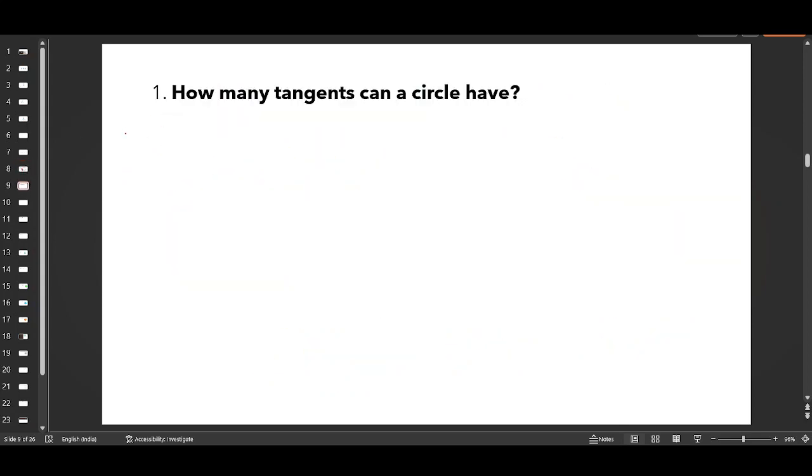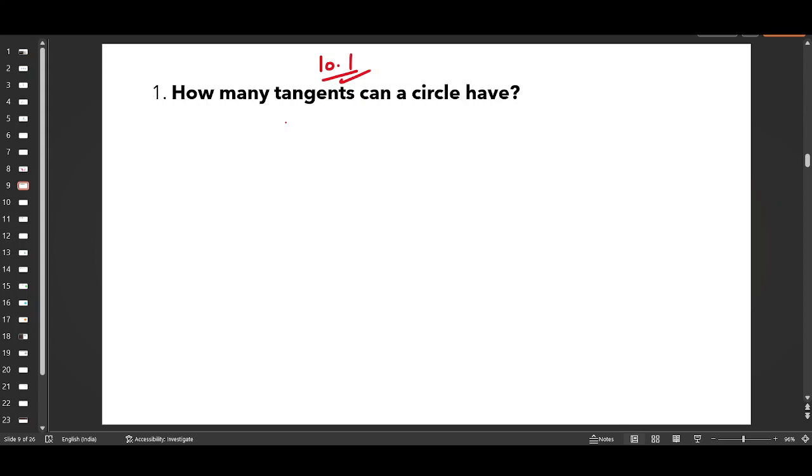This is exercise 10.1. Clear? Now in this question, how many tangents can a circle have? The first point is how many tangents a circle can have.